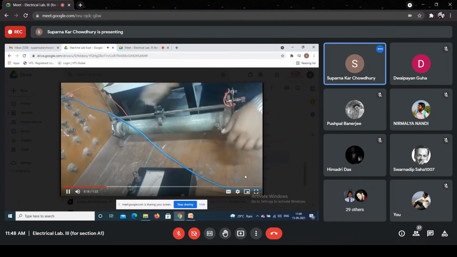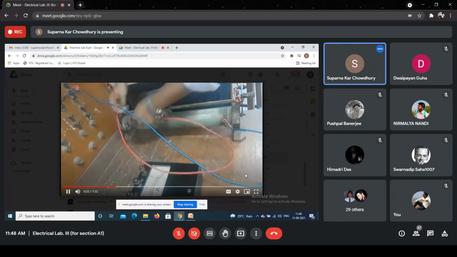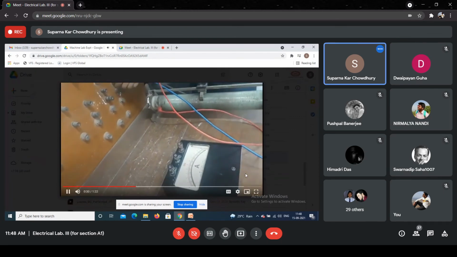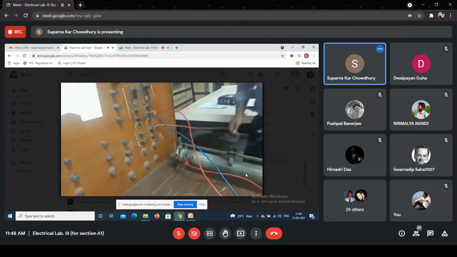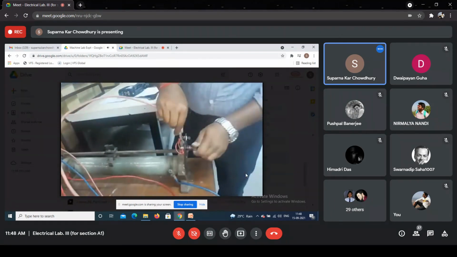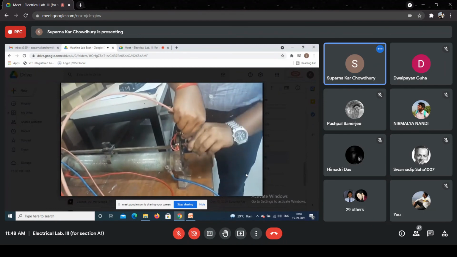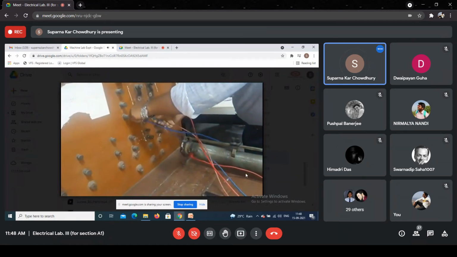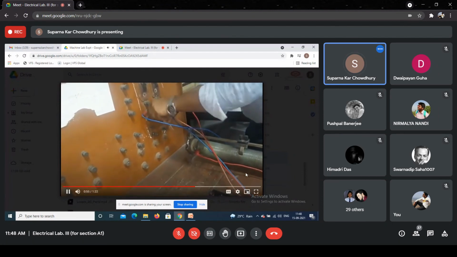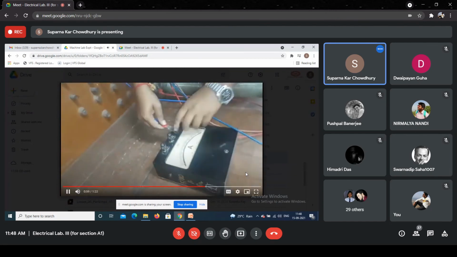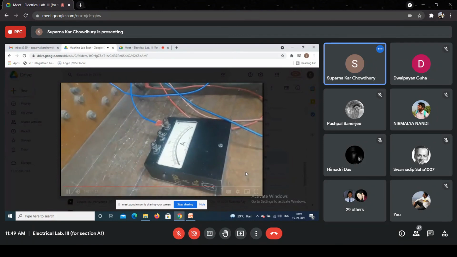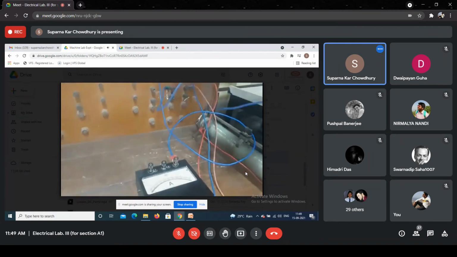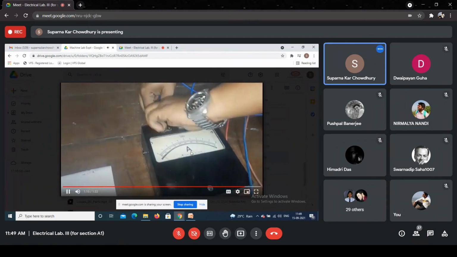This is the variable point. This is the field ammeter.